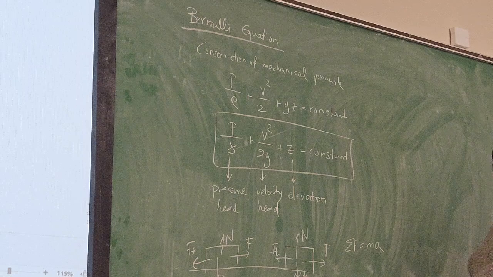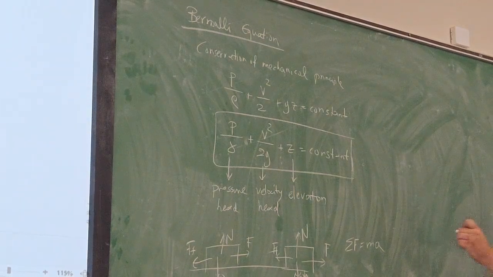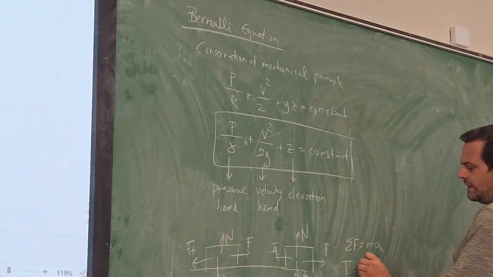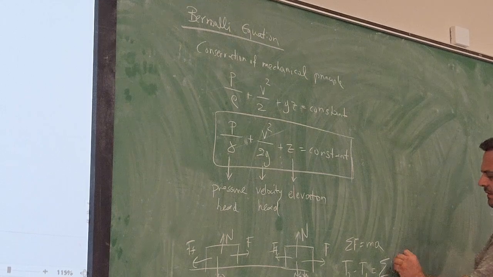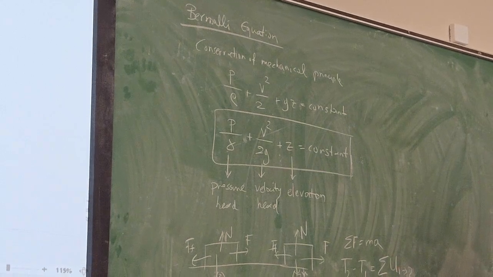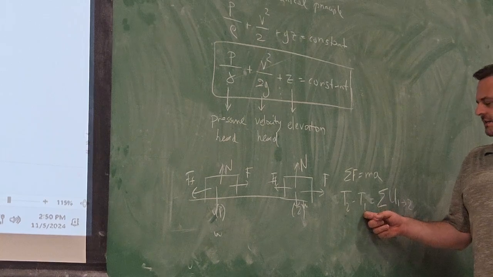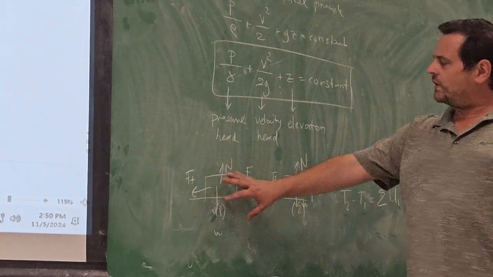You have Newton's law, and then you have the principle of work and energy, right? So I think what was the principle there? T2 minus, summation of the work. I don't know if you use those symbols, but this is kinetic energy at location 2 minus kinetic energy at location 1, the summation of the work of the forces from 1 to 2.